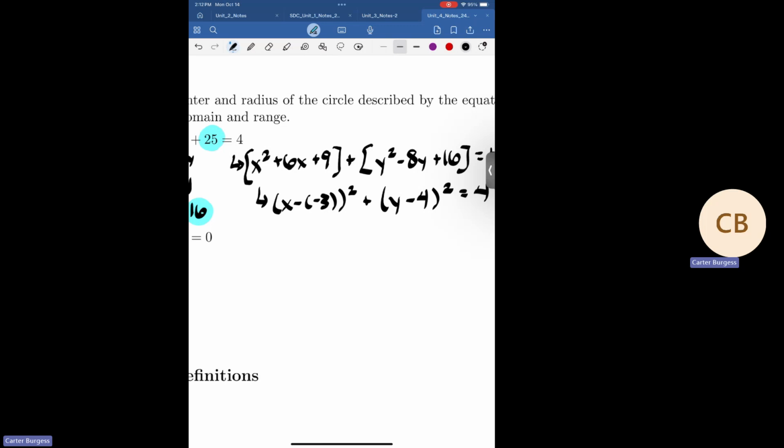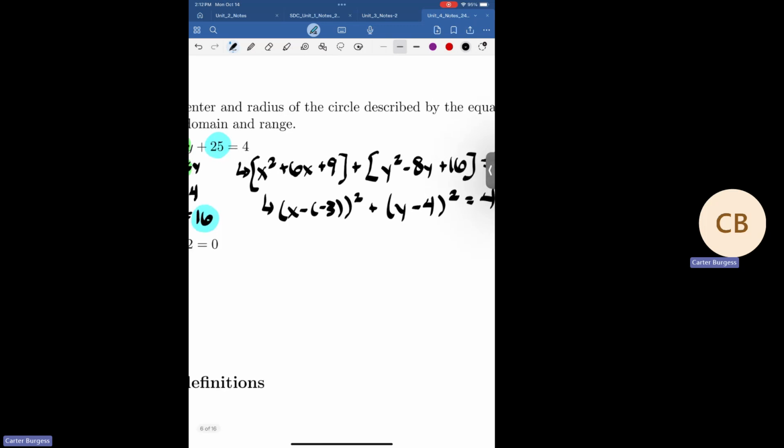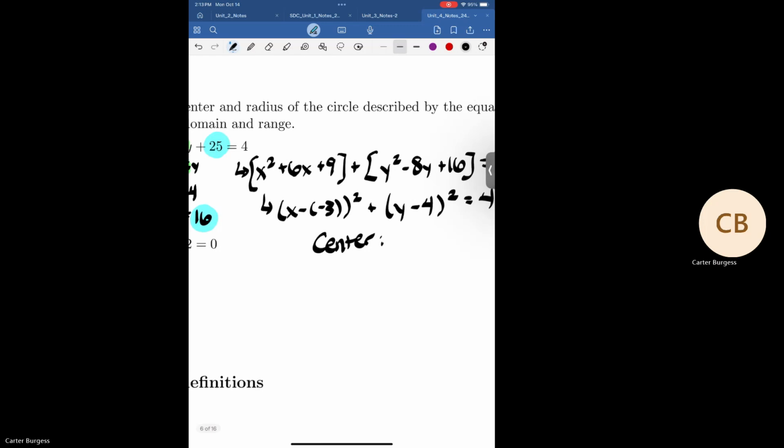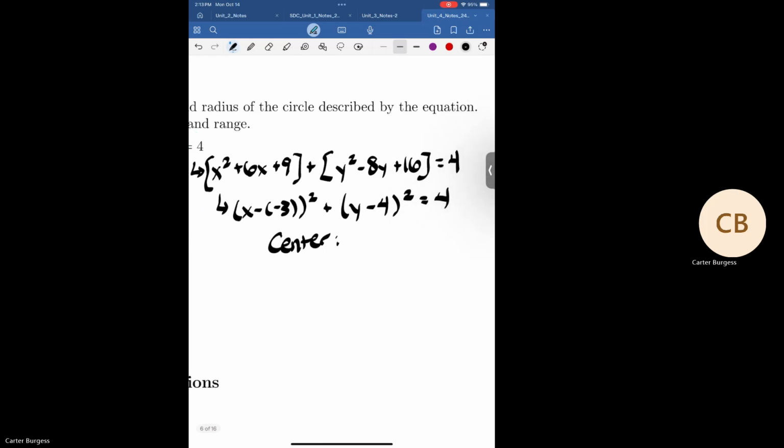And so what is the center for this particular circle? We found at the very start. That was like the first step. -3, 4. Yeah, ready. Why is it x? Always x minus h, always y minus k.